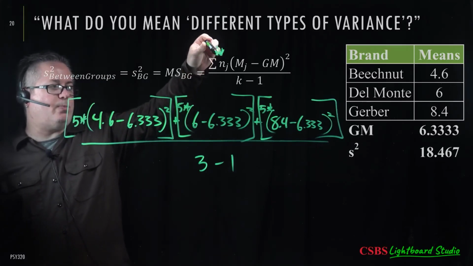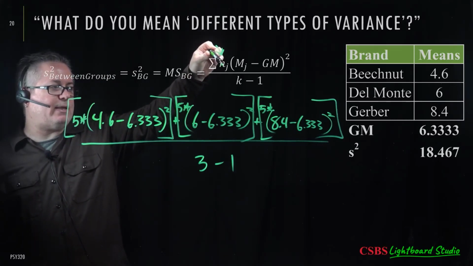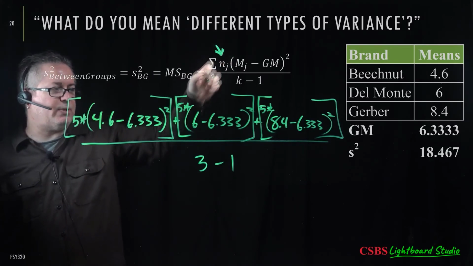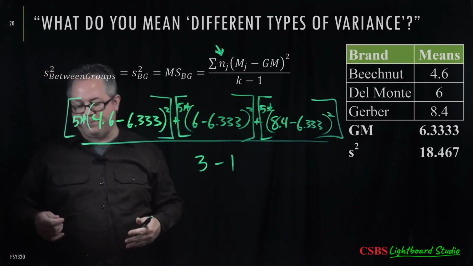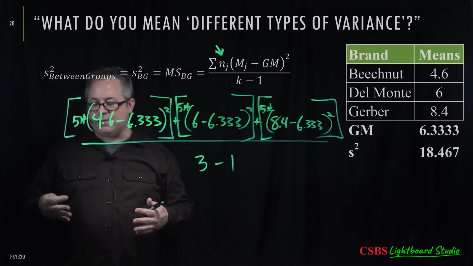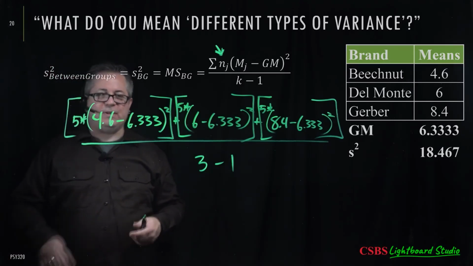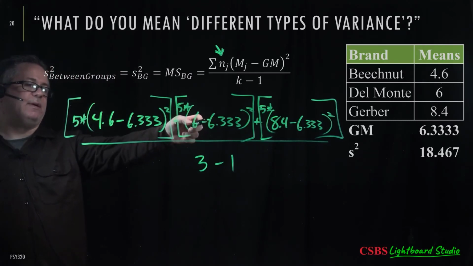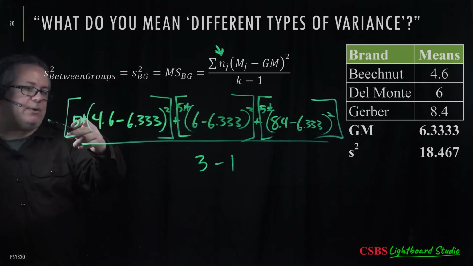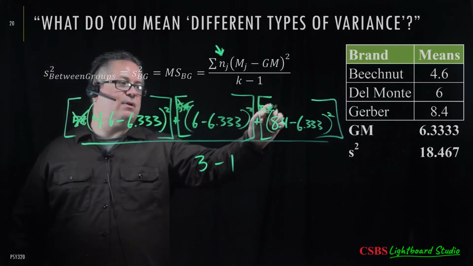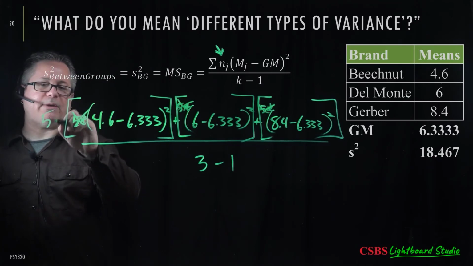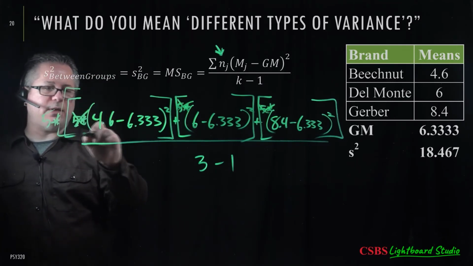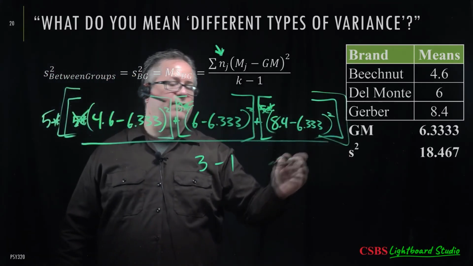Each group may have a different n, and you multiply each time you're doing the deviation. If your gut's telling you that it seems weird to multiply by 5 each time, you could factor those out, then sum everything together and multiply by 5 one time. Take the whole thing and multiply it by 5. That's perfectly fine too.